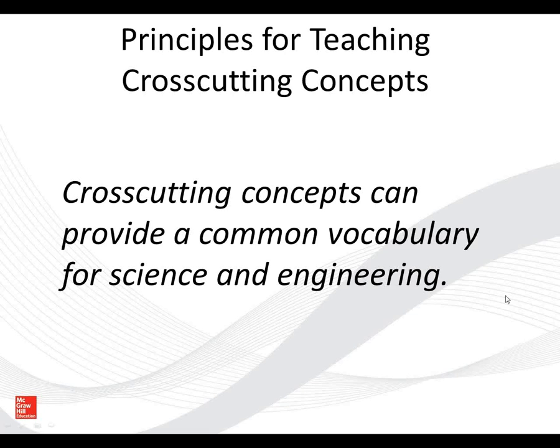Engineers and scientists need to work together to solve problems. So the cross-cutting concept of form and function in this case can give them a common language. But it's also similar to cause and effect. Engineers need to talk about cause and effect as well as scientists do. One of the themes of some of my presentations has been that everybody does science and engineering.